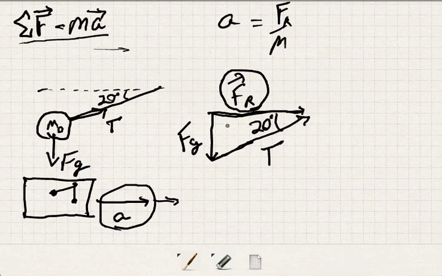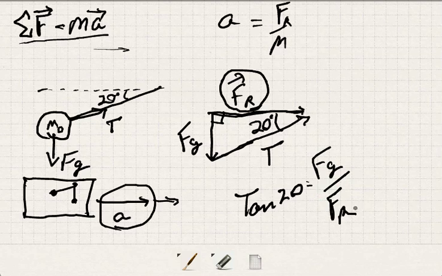So we have an angle. This is a right angle, because that's down and that's horizontal. And I can say, oh, looks like a tangent. Tangent of 20 is equal to opposite over adjacent, force of gravity over the resultant force. And then the resultant force is just equal to the force of gravity divided by tangent of 20. Okay?